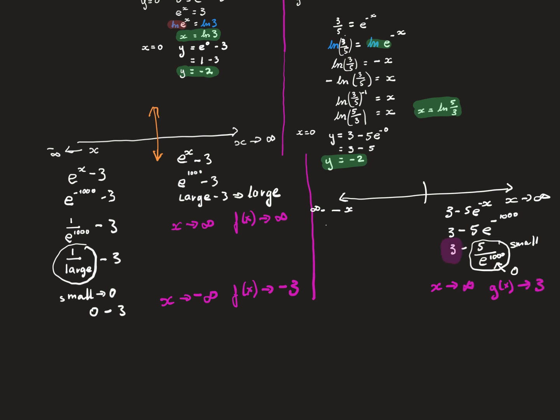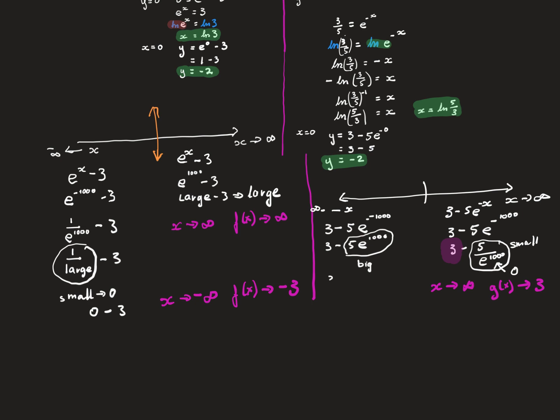And on the other side, we'll have x going to a very, very high negative infinity. So we'll get here a negative 1000, which is just going to make it into a positive 1000. And positive 1000 is a very, very big number. This is going to be a huge number.